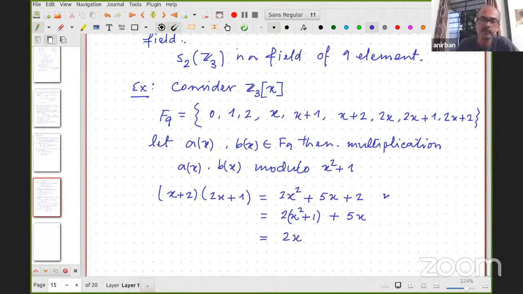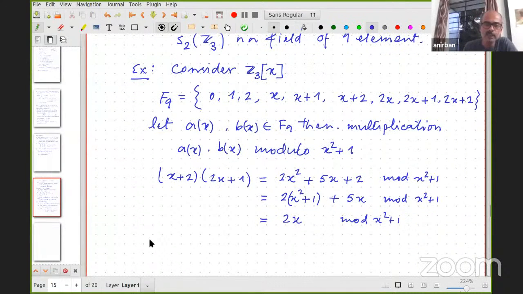So we read mod x square plus 1. So essentially we are dividing by x square plus 1 and taking the remainder. That's what the modular arithmetic will do. And with this addition and multiplication, F9 is a field of 9 elements.